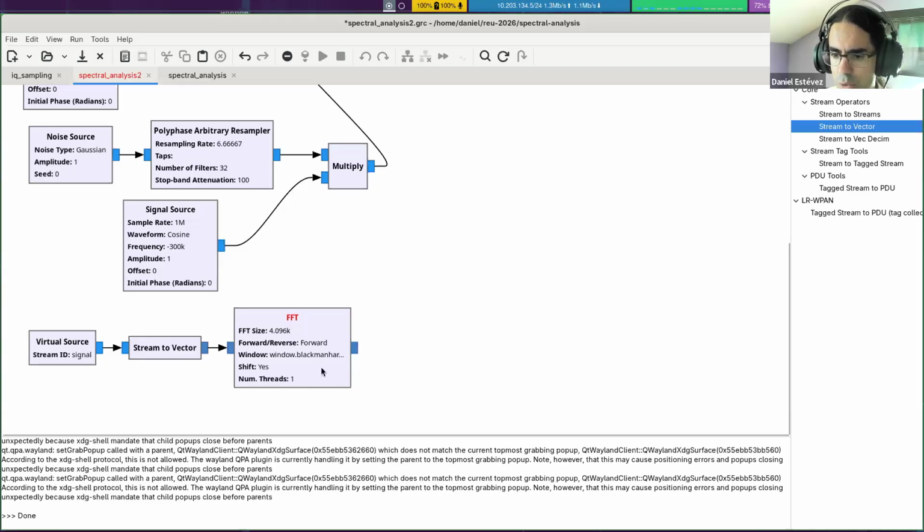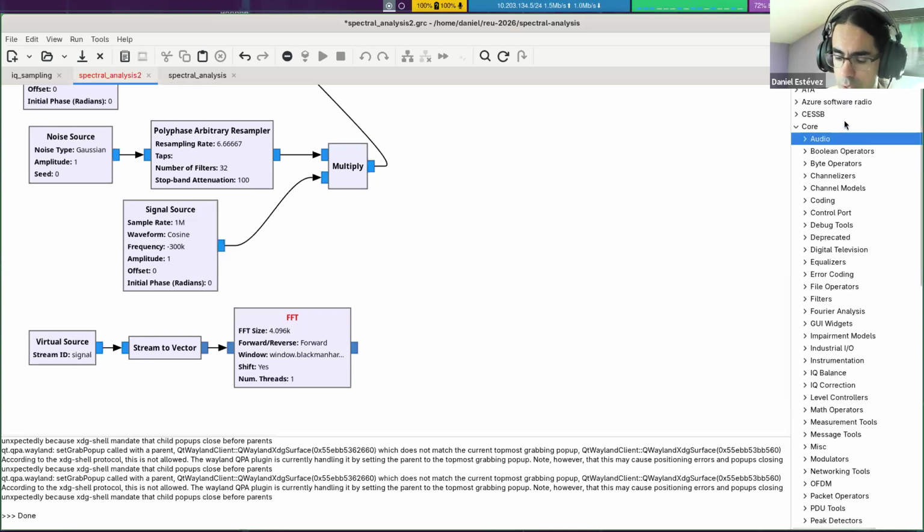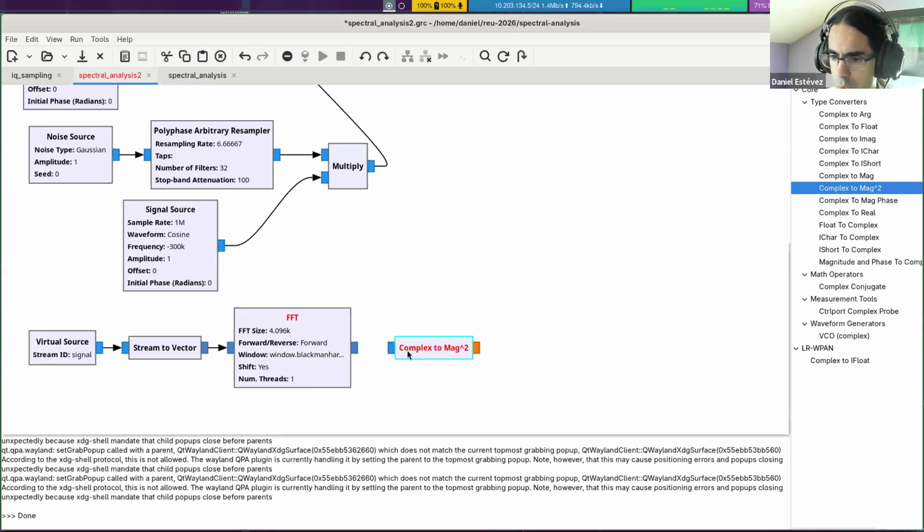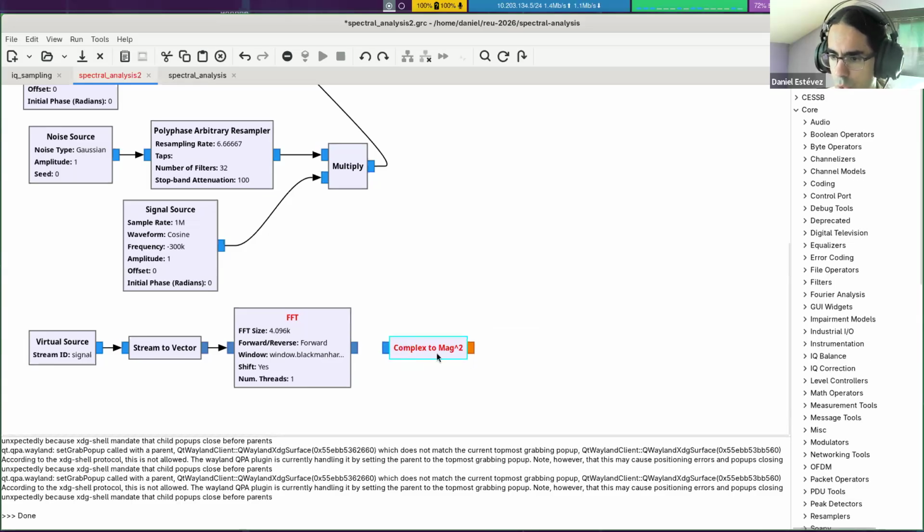And now what do we need to do? Well, the first thing is that the FFT outputs complex numbers. These complex numbers contain both the power of the signal in the modulus, but also the phase of the signal in the angle of these complex numbers. I only want the power. So there is a block which is called complex to magnitude squared.